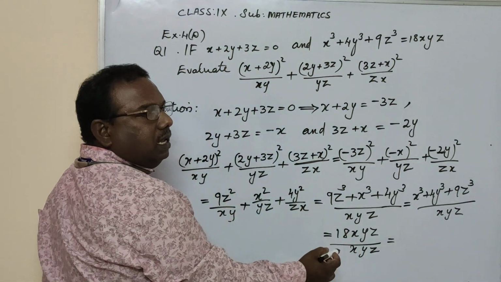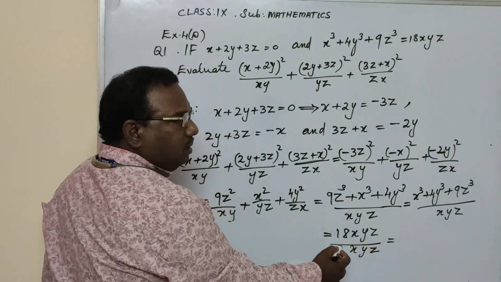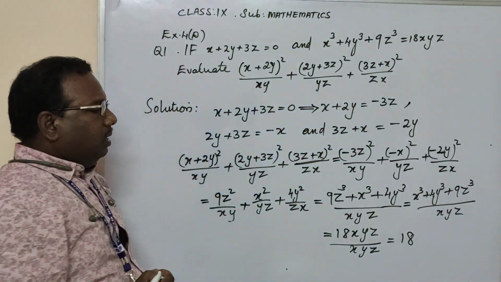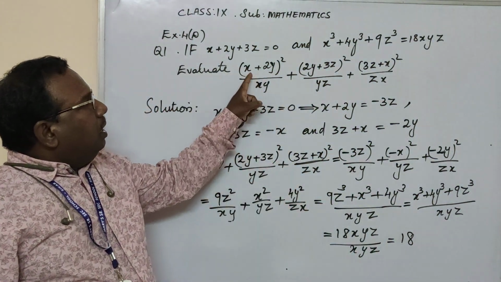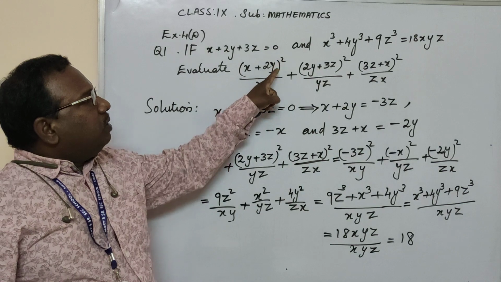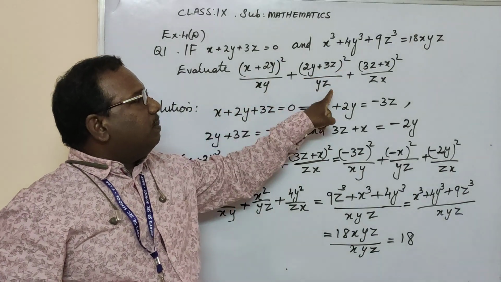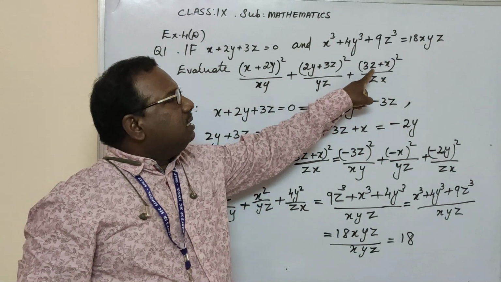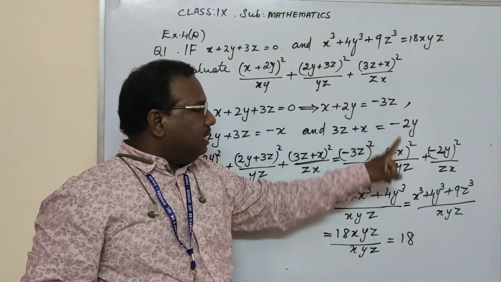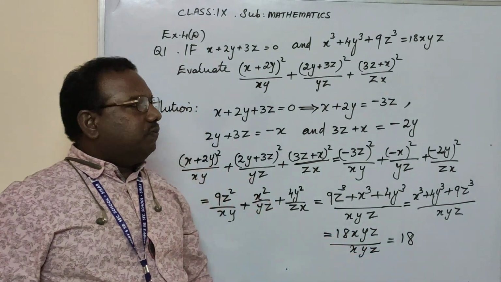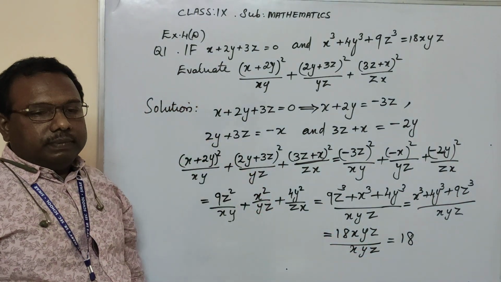After cancelling xyz, we get the value 18. So the value of (x plus 2y) whole square by xy plus (2y plus 3z) whole square by yz plus (3z plus x) whole square by zx is equal to 18. This is the required answer of question number 1.